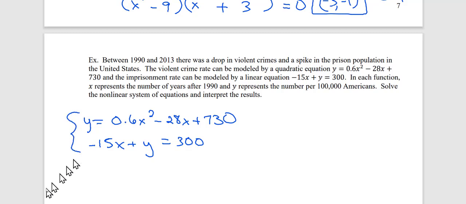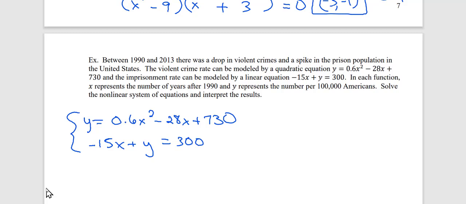Let me be really clear about where these equations would come from. What analysts do, what mathematical modelers do, is they look at the data and then they try to find the best fit of that data. They try to find the equation that best fits it.